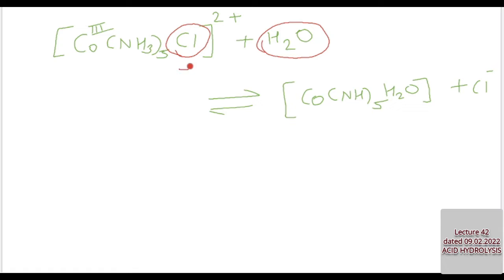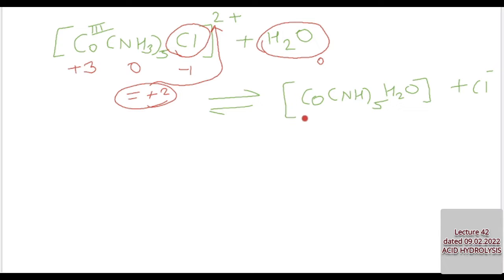This ligand carries a -1 charge, while water carries no charge, due to which the resultant complex differs in charge. Here cobalt carries plus 3 charge, and ammonia carries no charge, so the summation is plus 2. Therefore we represent a dipositive charge on this complex ion.